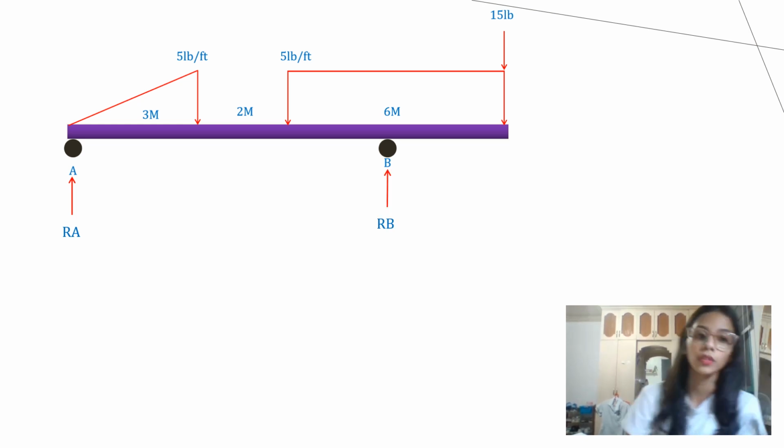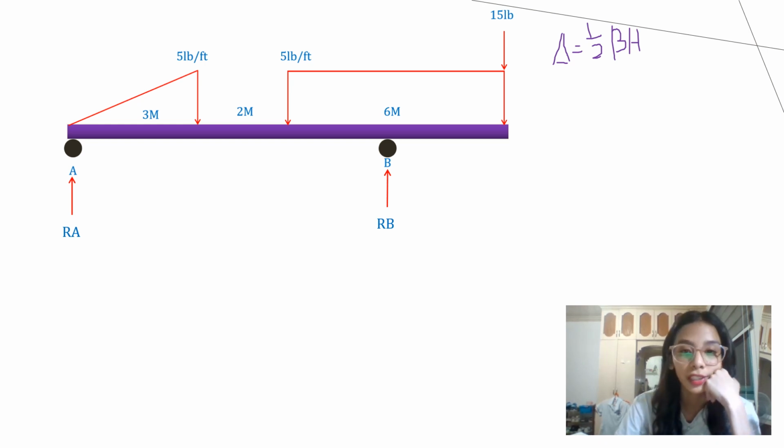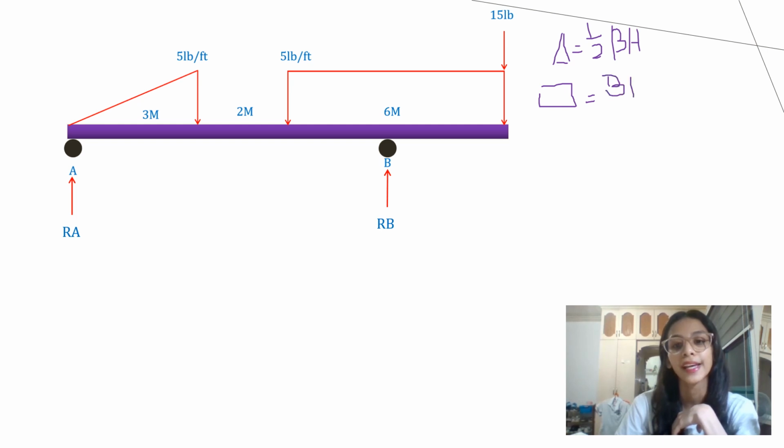So we first find the area of the triangle, which is 1/2 times base times height. And the area of the rectangle is equal to base times height. So our first step is to find the area of the rectangle and the triangular load.